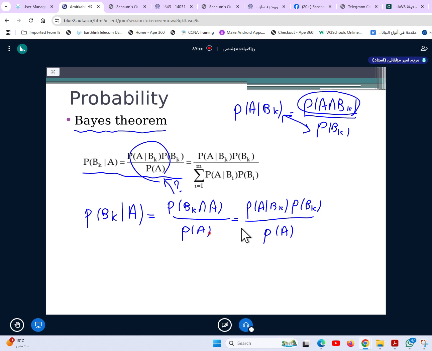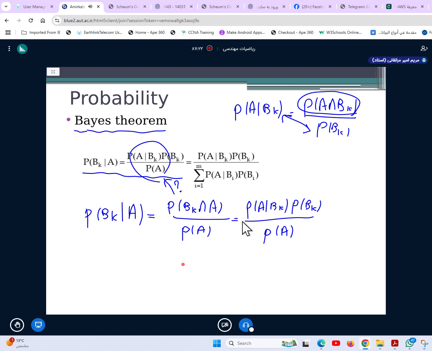I think the proof is very simple, but the application of this formula, is it clear for you? When we have the probability of A given beta, but we want the probability of beta given A, we use Bayes' formula. Bayes' formula is very important. Bayesian method means that they use Bayes' formula.